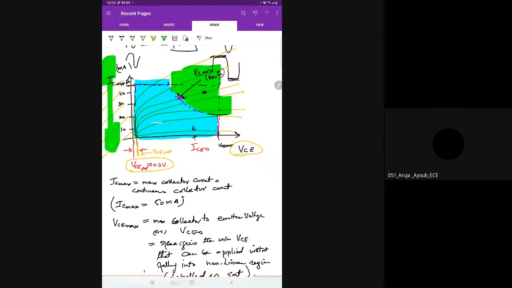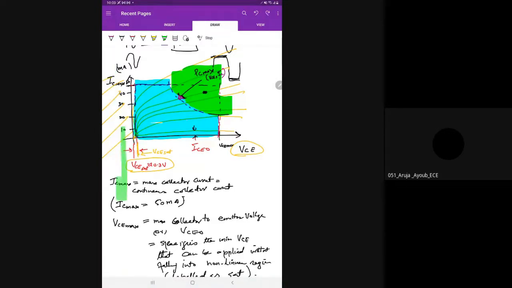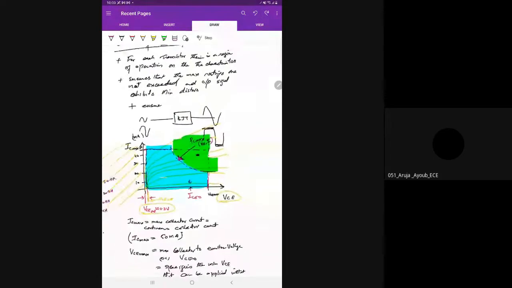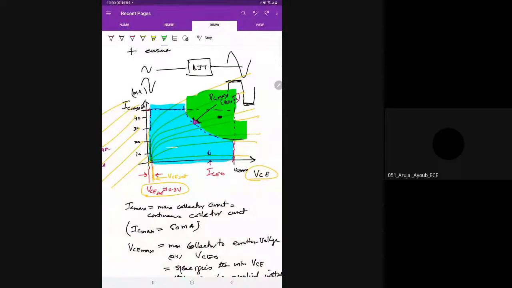ICEO is somewhere here. It should start from here at the bottom. So this is the ICEO line. And IC less than ICEO will mark the cutoff region.